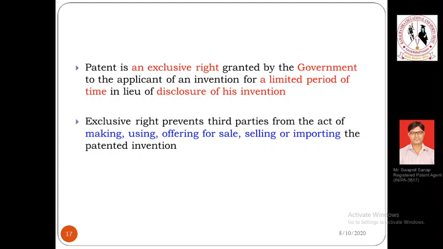But immediately in this definition, there is a next term called selling or importing. Let us assume that TVS, being a smart player, says, chalo, we accept that we have copied your invention, but we are not manufacturing in India. We have brought all the vehicles manufactured from China. But the definition of patent clearly indicates that even importing is prohibited.